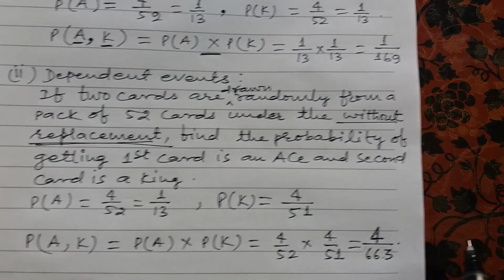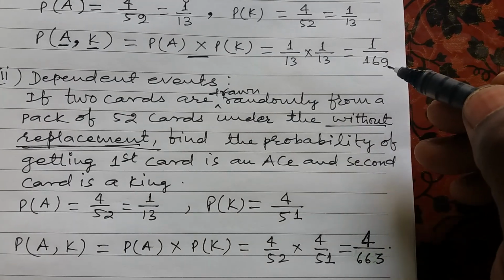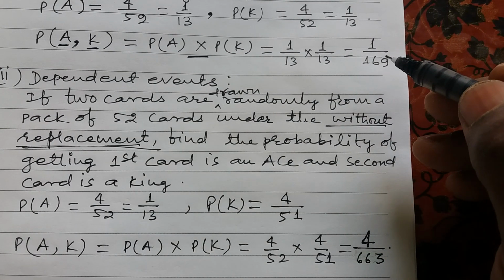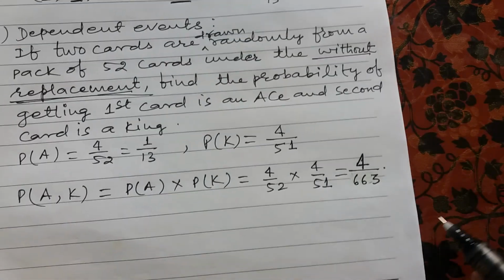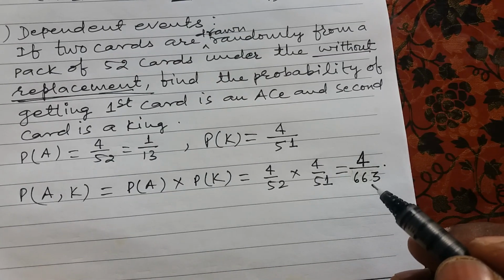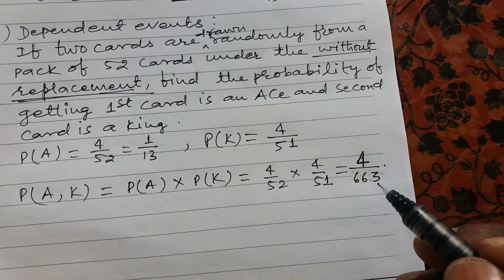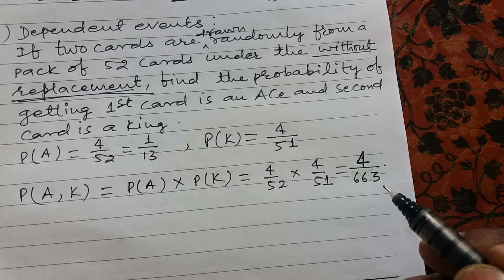See here, probability here is 1 by 169 in the case of independent, but here we are getting 4 by 663 in the case of dependent.